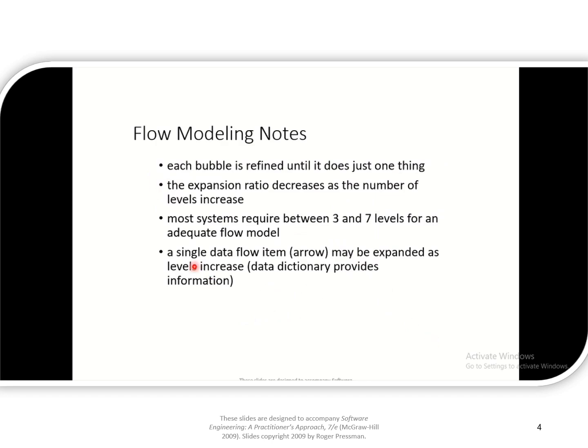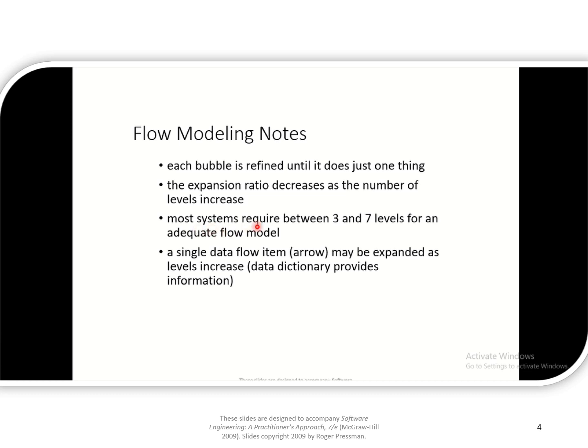So this is the summary of the entire process. The first point shows that each bubble is refined until it does just one thing. This is very important. The second point: the expansion ratio decreases as the number of levels increases. If you keep increasing levels, further decomposition shall be reduced.